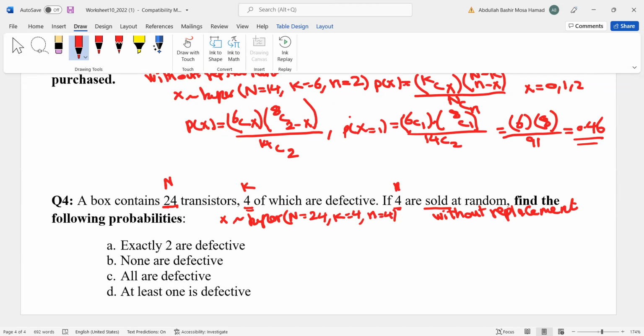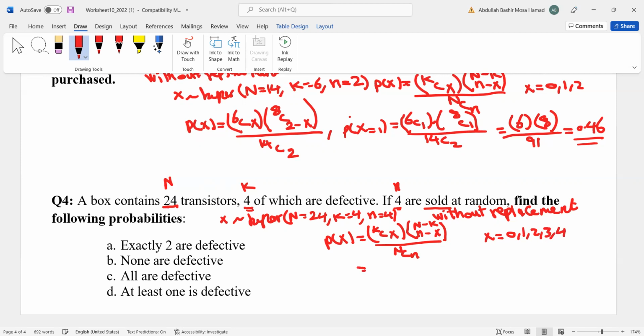And we write the function P of X equal, in general, K C X multiplied by N minus K C n minus X over N C n, where N is capital and n is small, and X takes values 0, 1, 2, 3, and 4 because n equal 4.